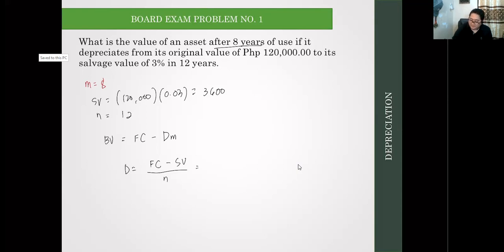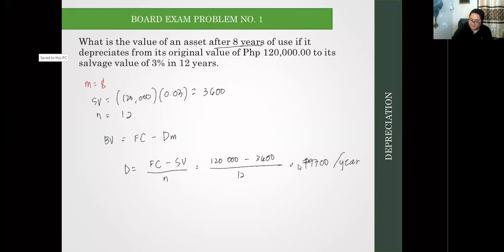So we have 120,000 minus the 3,600 salvage value, and N is equal to 12. This will be the depreciation per year. Divide by 12, so it depreciates by 9,700 pesos per year.